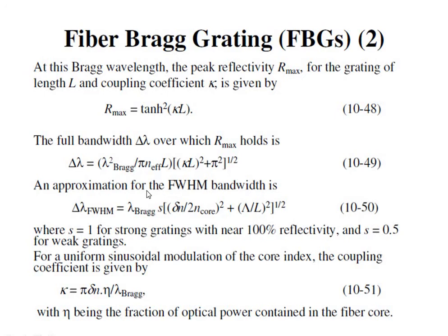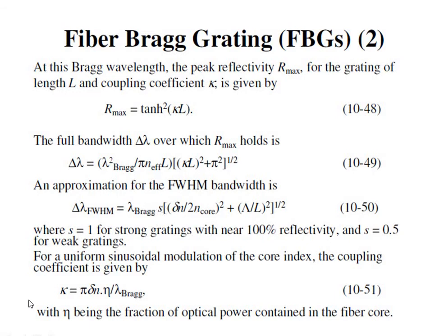An approximation for the full bandwidth is given by this equation here, where S is equal to 1 for strong gratings with near 100% reflectivity and S is equal to 0.5 for weak gratings.